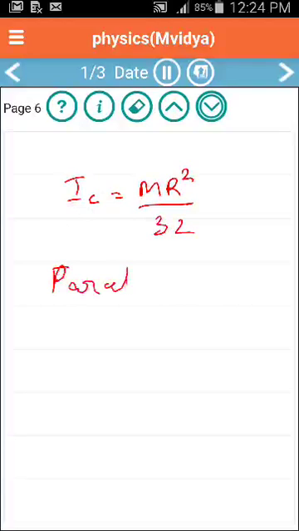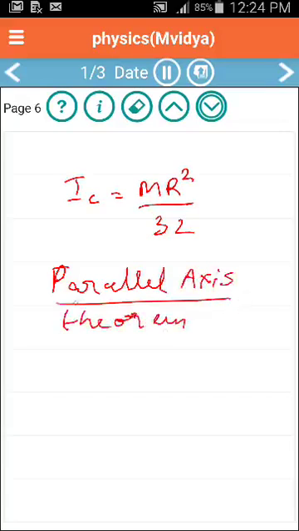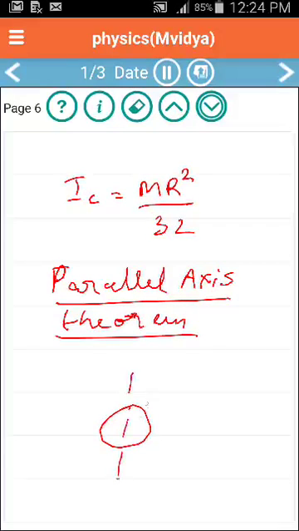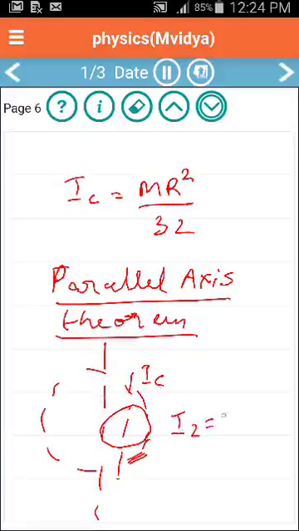So using my parallel axis theorem, for the cutout, I have to find about the axis passing through the center of the disk. So I'll use I2 is equal to I through the centroid plus m h squared. That's the formula for parallel axis theorem. h is the distance between the two axes, which is r by 2.